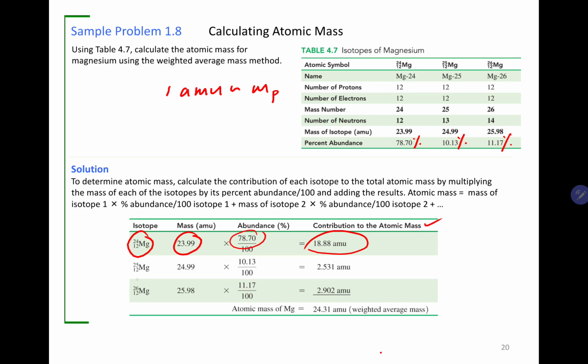Magnesium 25 and 26 have smaller abundances, so their contribution to the atomic mass is small. You finally add them all up, and that will be the weighted average mass. That will be the atomic mass of magnesium.